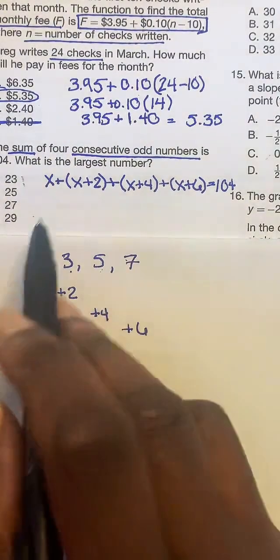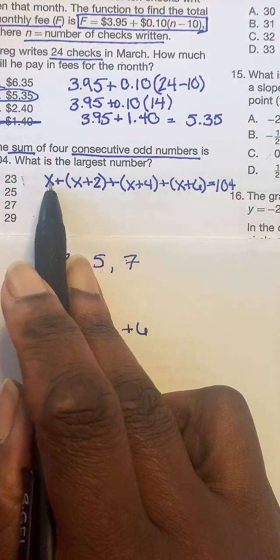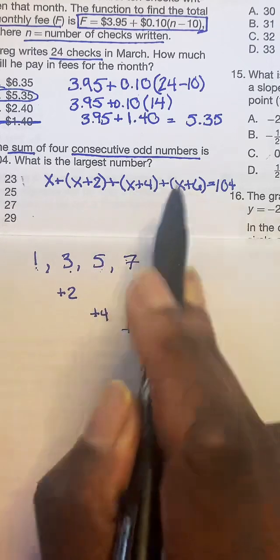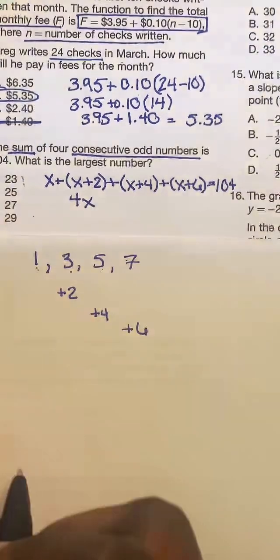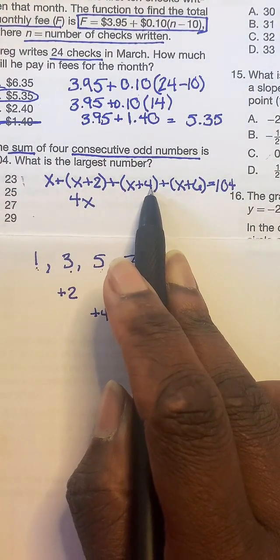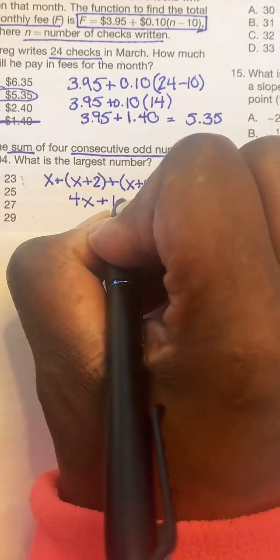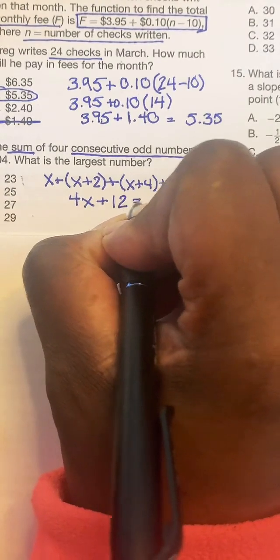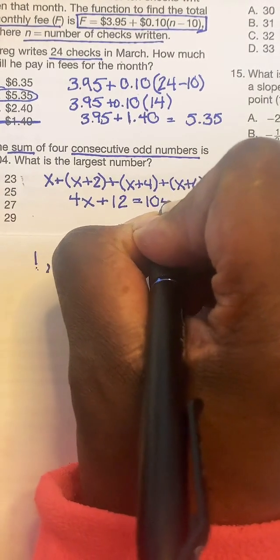Okay, so now let's add all our x's up. 1, 2, 3, 4. So there's 4 x's, so that'll be 4x. Now I have 2 plus 4, that gives me 6. 6 plus 6, that gives me 12. And that's going to equal 104.